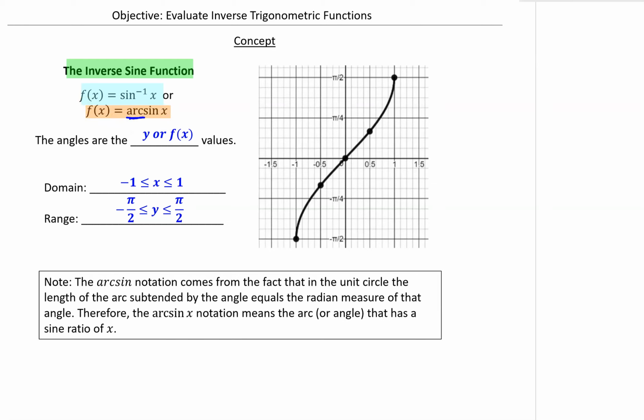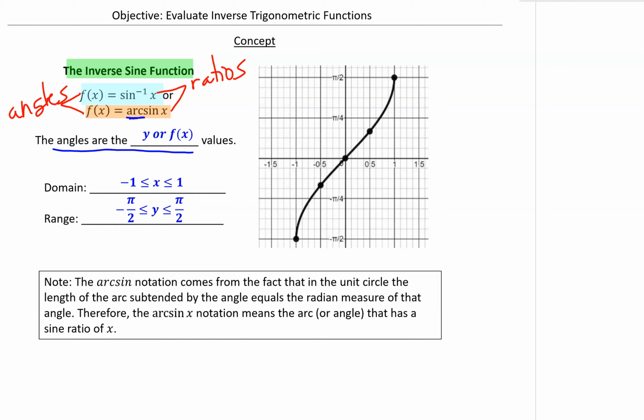So remember, in an inverse, domain and range have switched. What follows our arc sine and our sine inverse are sine ratios, or values. And your y's now are your angles. The angles are y or f of x.